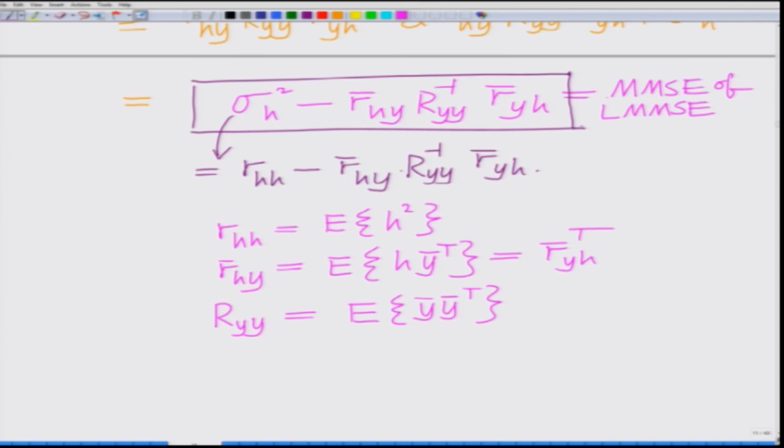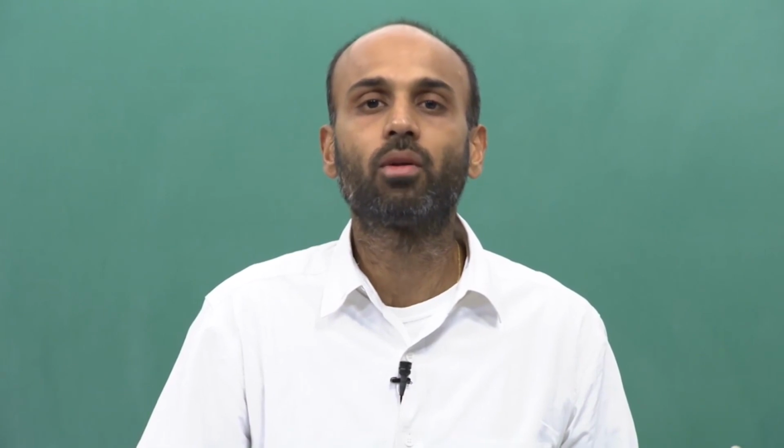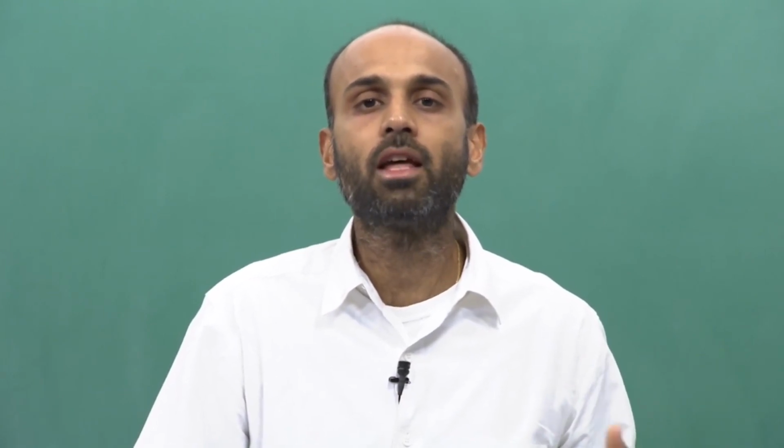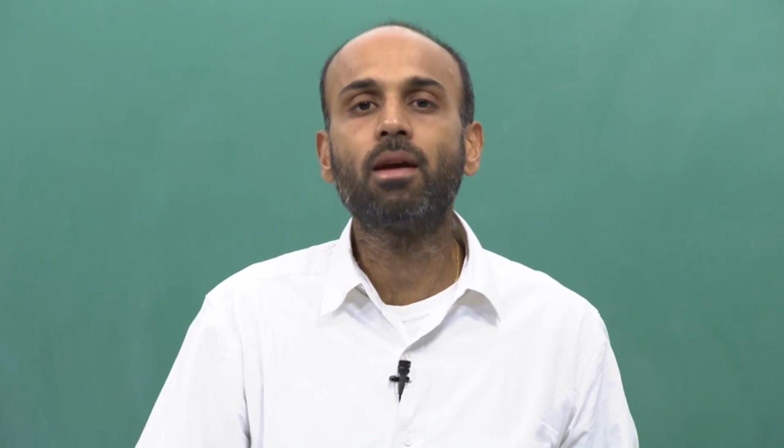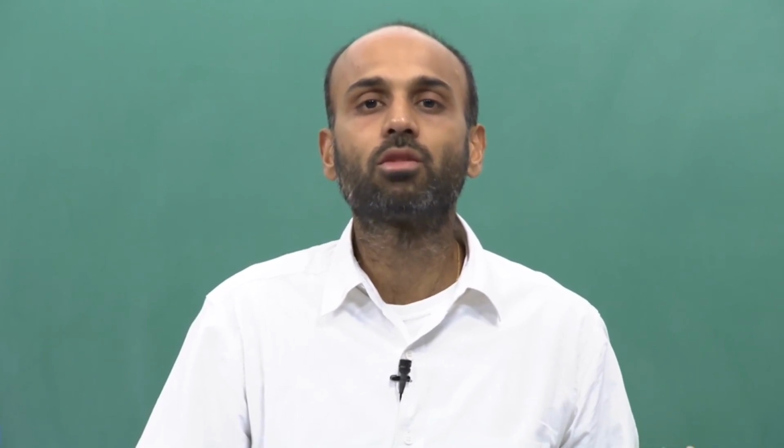Again you see that it has the same expression as the minimum mean squared error for the Gaussian, and that is naturally the case because for the Gaussian the MMSE and the LMMSE are the same. So, both estimators yield the same minimum mean squared error.